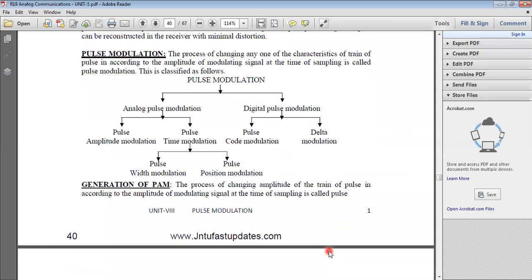The process of changing the amplitude of a train of pulses in accordance with the amplitude of the modulating signal or message signal is called PAM.